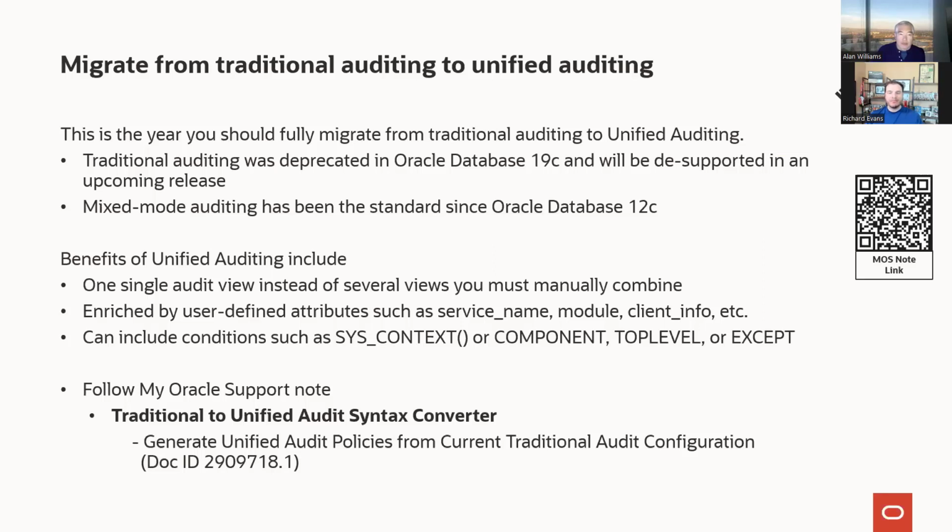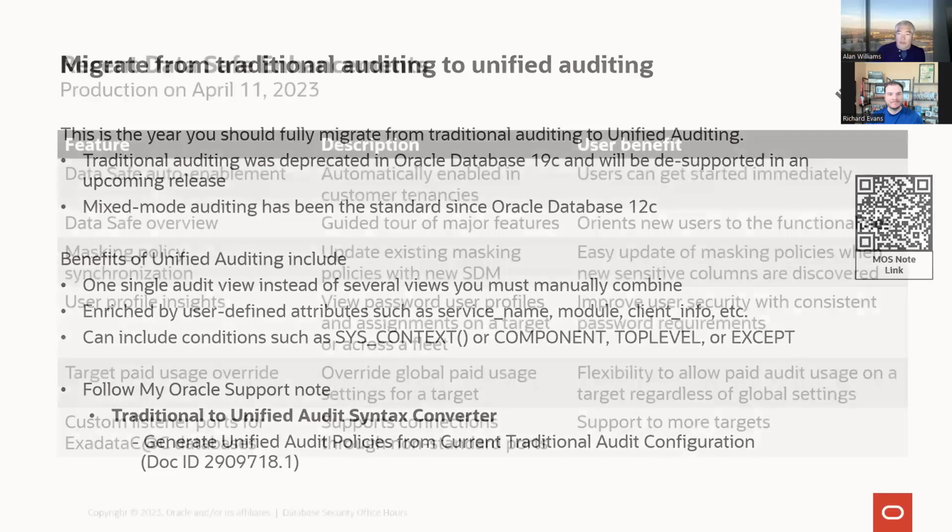There's a Micro support note that can help you move that traditional syntax to unified audit syntax. It's very rudimentary, very basic, because you are going to have to understand what you want to do with auditing, what you're trying to do. So it's a good opportunity to reevaluate what your audit goals are and whether you should be collecting that data or not, or whether you can refine it with unified audit.